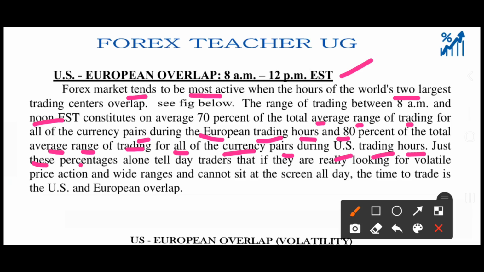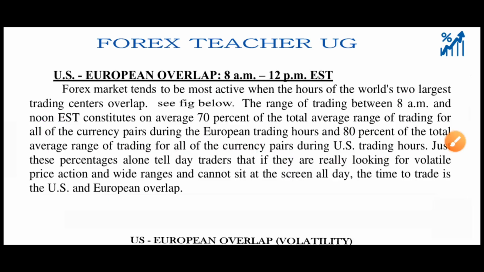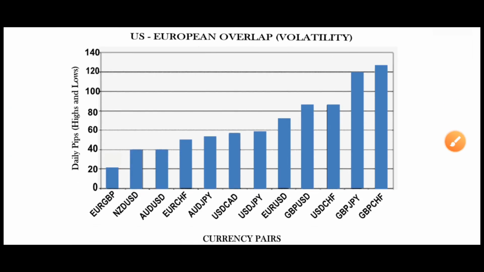So just these percentages alone tell day traders that if they are really looking for volatile price action and a wide range and cannot sit at the screen all day, the time to trade is the US and European overlap. It's a very good time. You can use the app to measure when it happens in your country.